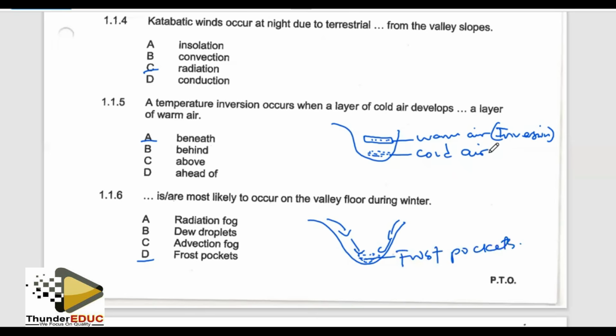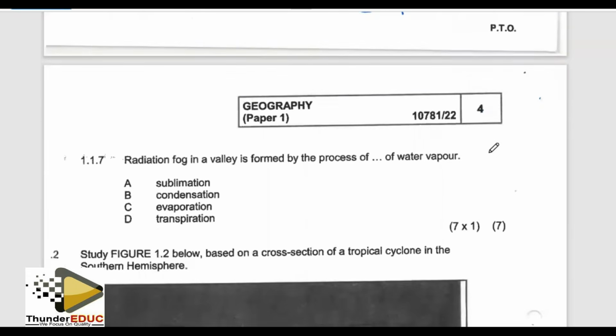All right, let's continue to question 1.1.7. Radiation fog in a valley is formed by the process of dash of water vapor. Okay, we know condensation is a process whereby vapor changes into liquid again.